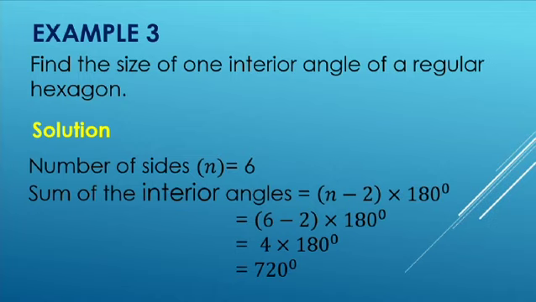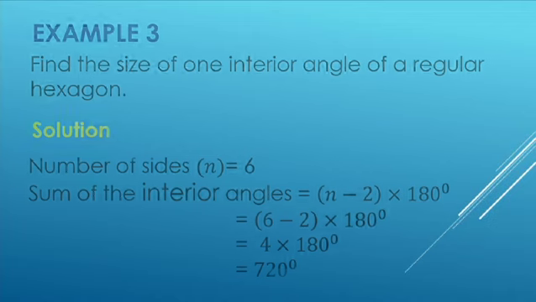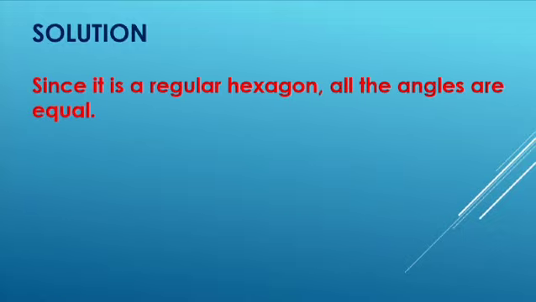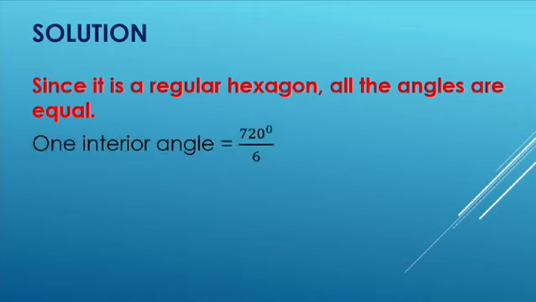Now, I want to find one interior angle. So what do we need to do? Since it is a regular hexagon, we know that all the sides and all the angles are equal, right? So here, if all the angles are equal, simple: 720 degrees divided by 6, which is 120 degrees.